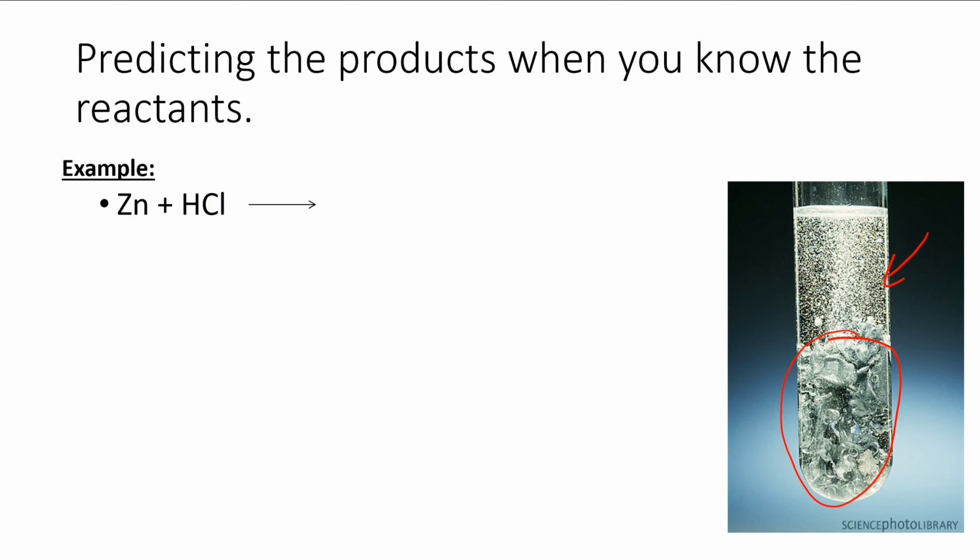Zinc is reacting with something. Zinc is likely going to form an ion with a +2 charge. Now, if zinc is going to end up forming an ion, it has to combine with another ion, an anion. So we have a cation in the form of zinc. We need to pick which of these is going to be an anion.